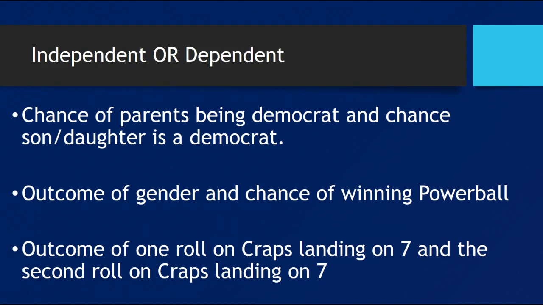So is your ticket more likely to win if you're male versus female? And thirdly, the outcome of rolling two dice, those two dice landing on a 7, and then the second roll also rolling a 7 on the craps table. So take a minute, think about all of these, push pause on the video in 5 seconds, we'll start back up.